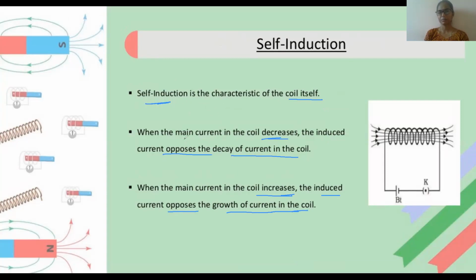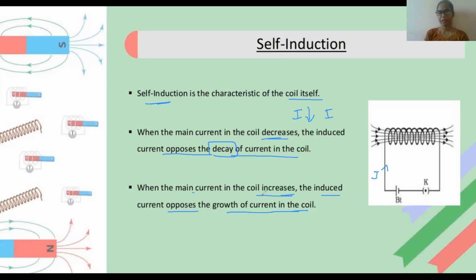How is it adjusting? When the main current in the coil decreases, the induced current opposes the decrease of the current in the coil.